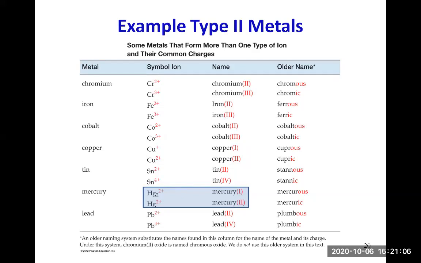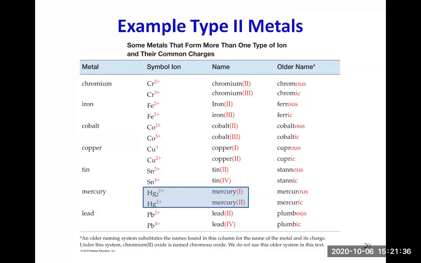The table also gives you the older names that were used before the systematic way of naming them was established. And so you may find those names sometimes, but we don't use those, to have no problem identifying elements. We will use only the nomenclature that uses the Roman numerals.